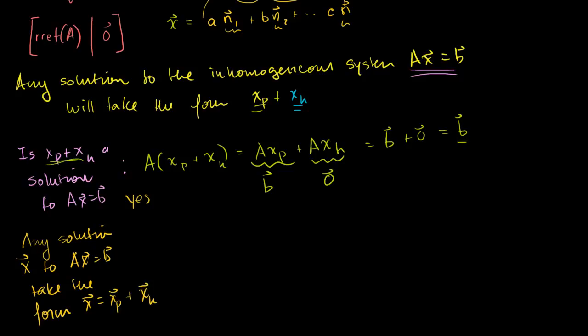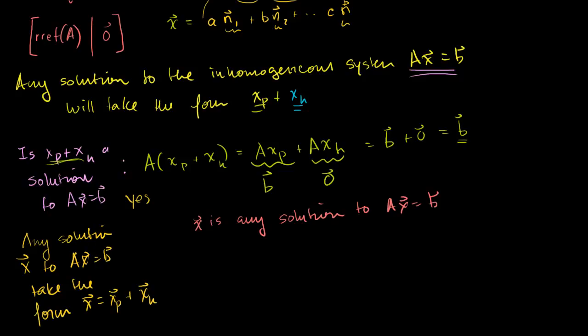To do that, let's test out what happens when we multiply the vector A times x. Let's say that x is any solution to AX is equal to B. Let's start off with that.